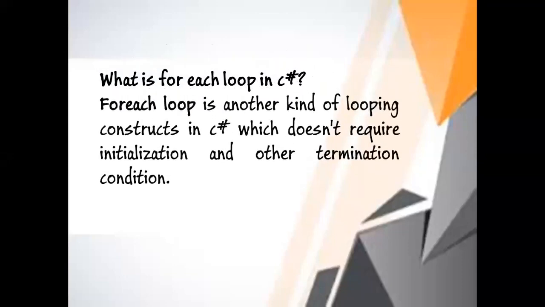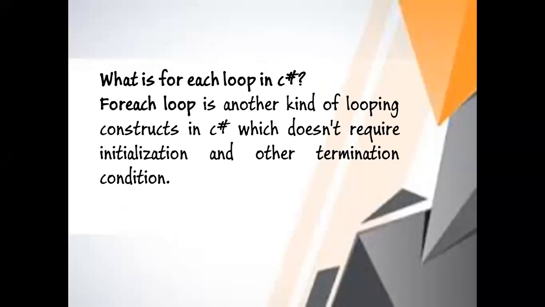So next is the for each loop. It's another kind of looping construct in C Sharp, which doesn't require initialization and other termination conditions. It simply works on a collection where it picks each item one by one until it traverses all items in the collection.